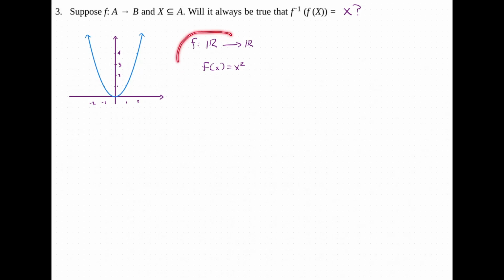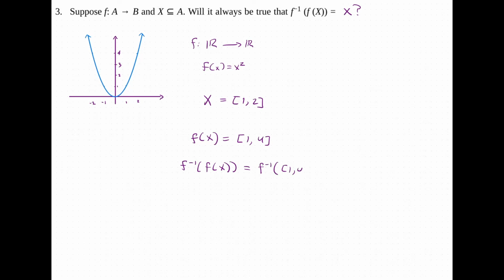Alright, so we have our parabola. Let's take our capital X to be the set {1, 2}. When we look at the image of capital X, that's going to be the image of {1, 2}, and that's going to give us the corresponding output {1, 4}. But now if we took the inverse image of f of X, that is the inverse image of {1, 4}.